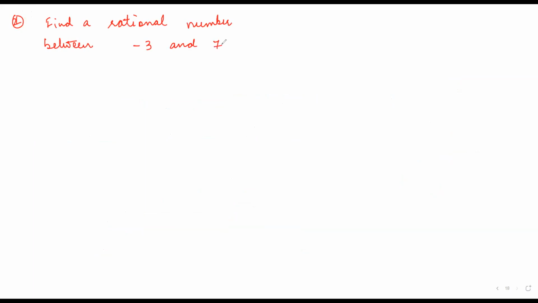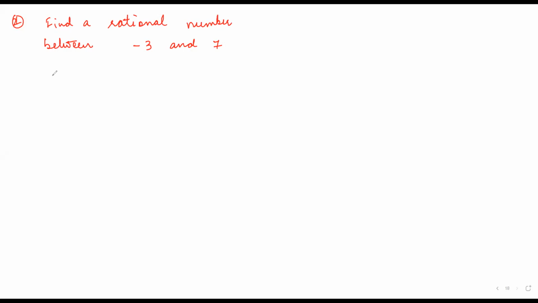So you have to find a rational number between minus 3 and 7. You can directly tell also, if you just close your eyes and imagine a number line. Obviously between minus 3 and 7, you can tell me any number. It can be positive 5, it can be 2, 0, 1, right? But how to do it mathematically?